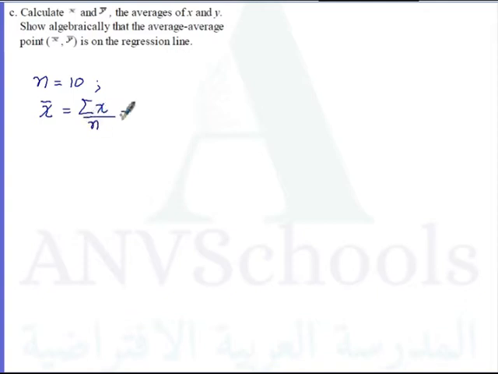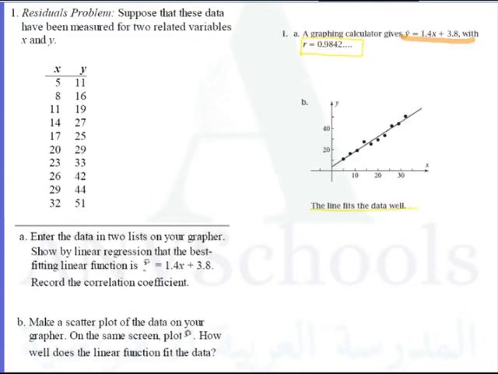So in this table, we put our values of x, which is 5 plus 8 plus 11 plus 14 plus 17 plus 20 plus 23 plus 26 plus 29 plus 32.